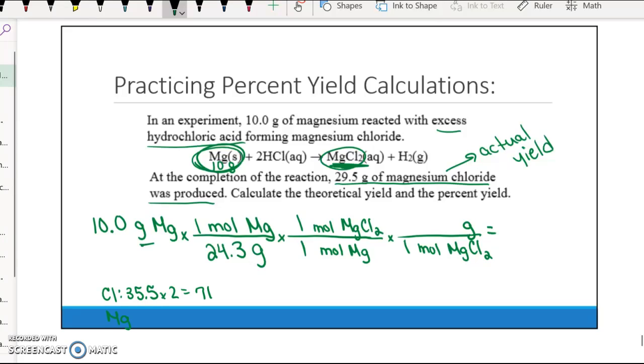And then, like we had before, Mg is 24.3. So now we'll add those together, and that will give us the molar mass up here, 95.3. Alright, so now we will calculate that.